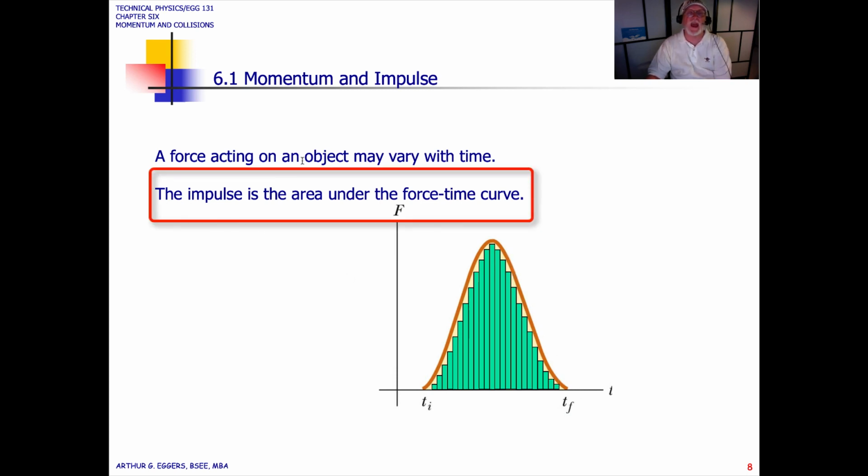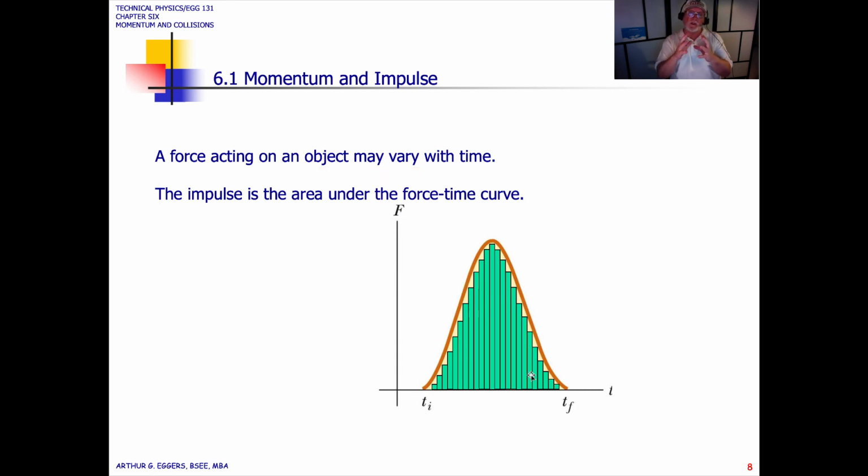So a force acting on an object will vary with time. The impulse then is the area under the curve. We want to gather all of that force and classify it as that value that is represented by the area under the curve.